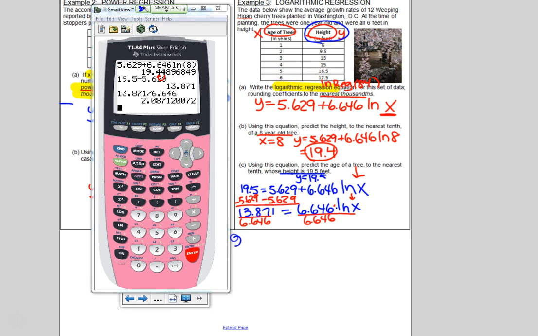So we get 2.0871200072. You really don't want to round until the very, very end, because every time you round, it could make your answer a little off.